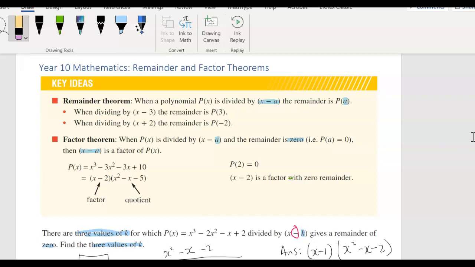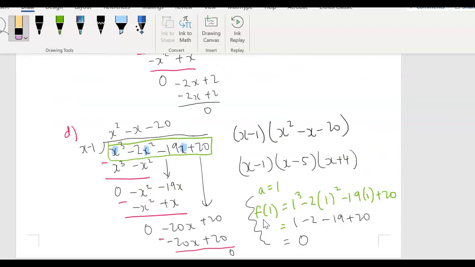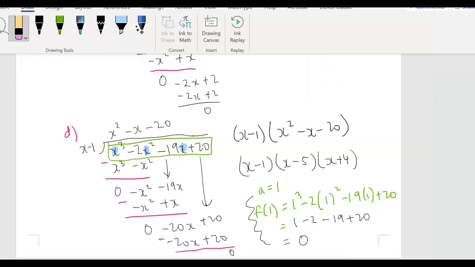So going back down, that's what we did here in green. We just substituted a value of a into it and got 0. If we didn't get 0, then it's not a factor. And we also did that on our calculator back up here when we defined the function. We defined it and we just substituted in different values for a. I think at the time I called it k. Doesn't really matter.